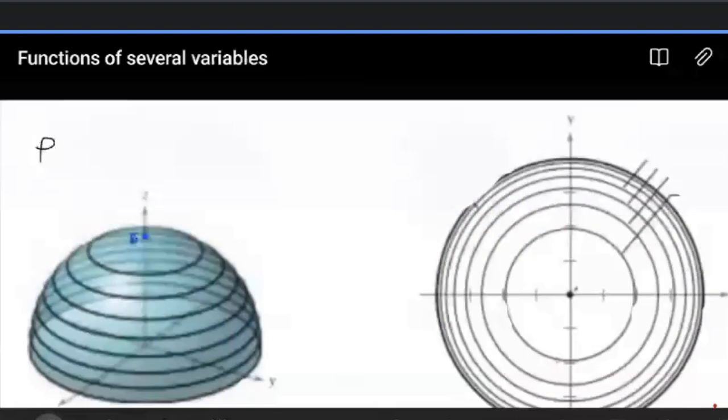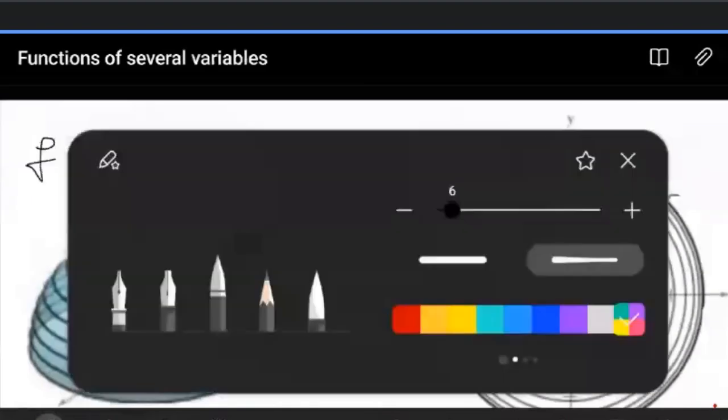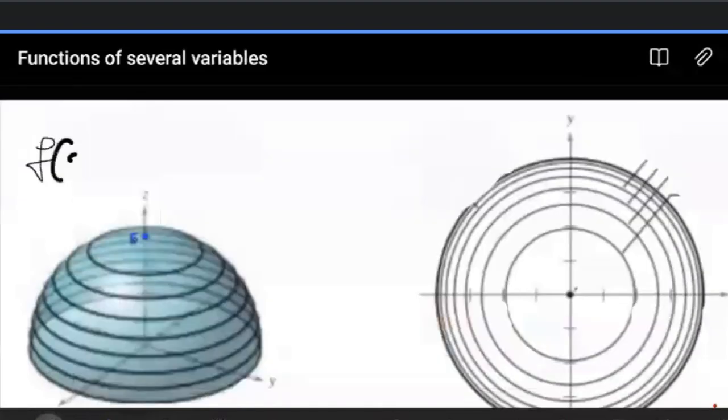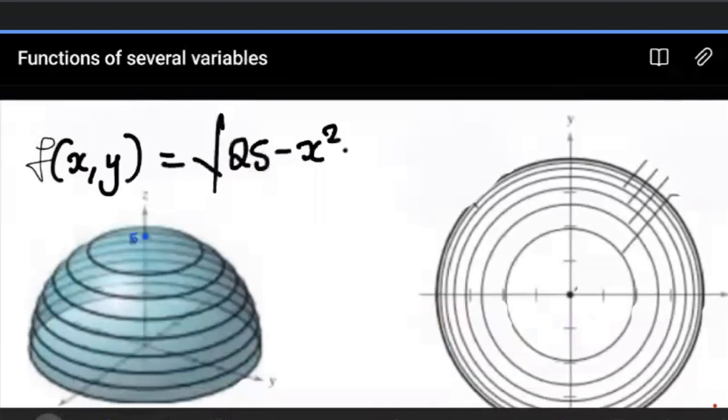So describing that expression f of x comma y, which is given by root 25 minus x squared minus y squared. So look at this expression. When minus x squared minus y squared gives us a minus 25, we're going to have 25 minus 25, which is 0.